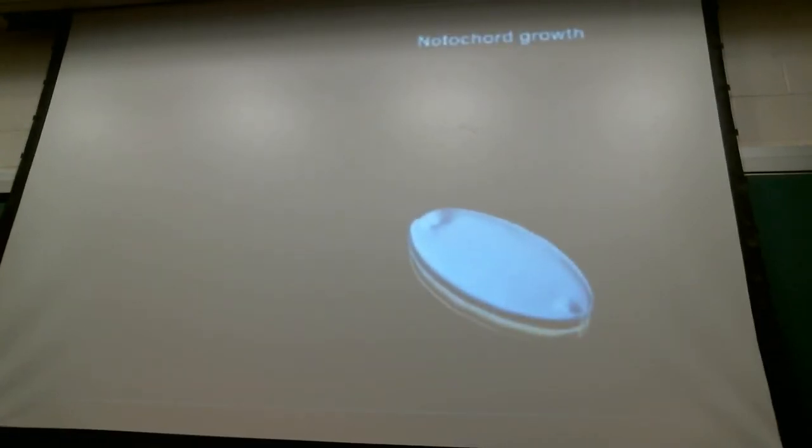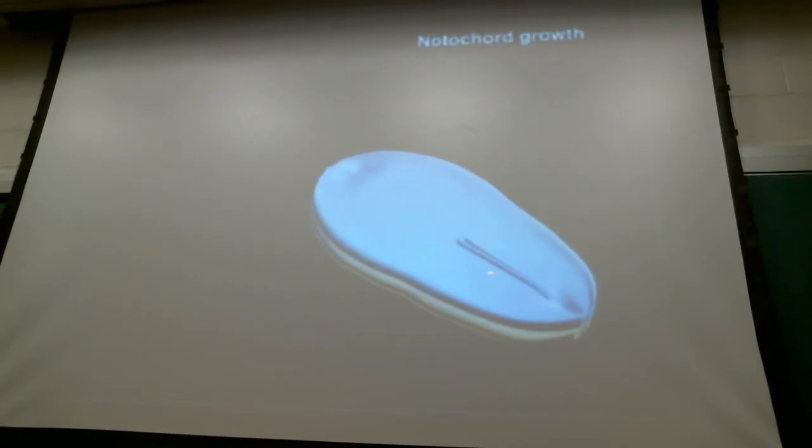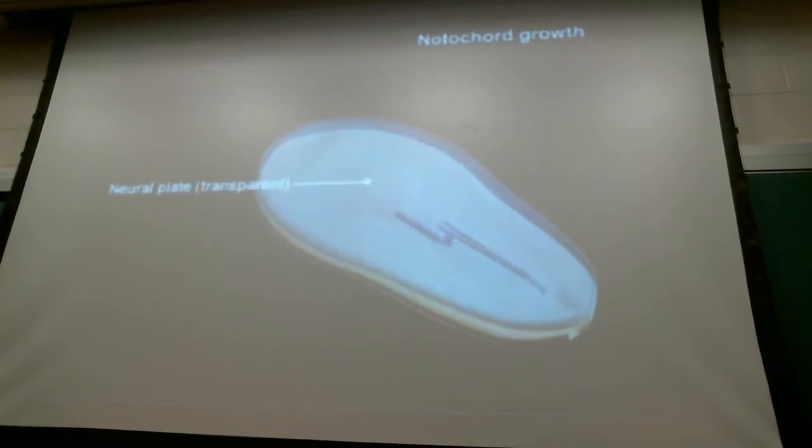And one more important thing it will show, which is the nodal. So this is the primitive streak. At some point, there will be a structure generated and then go underneath. And this will instruct development of neural plate.